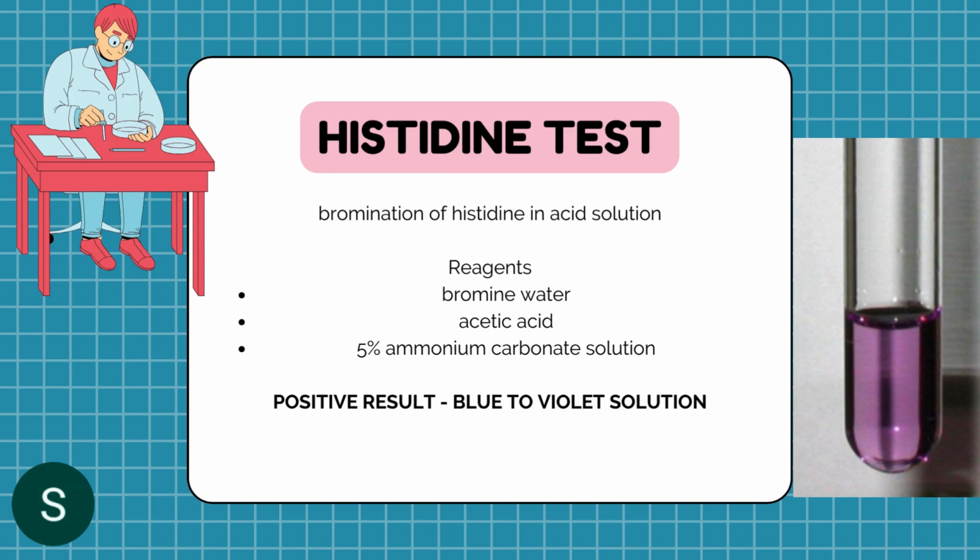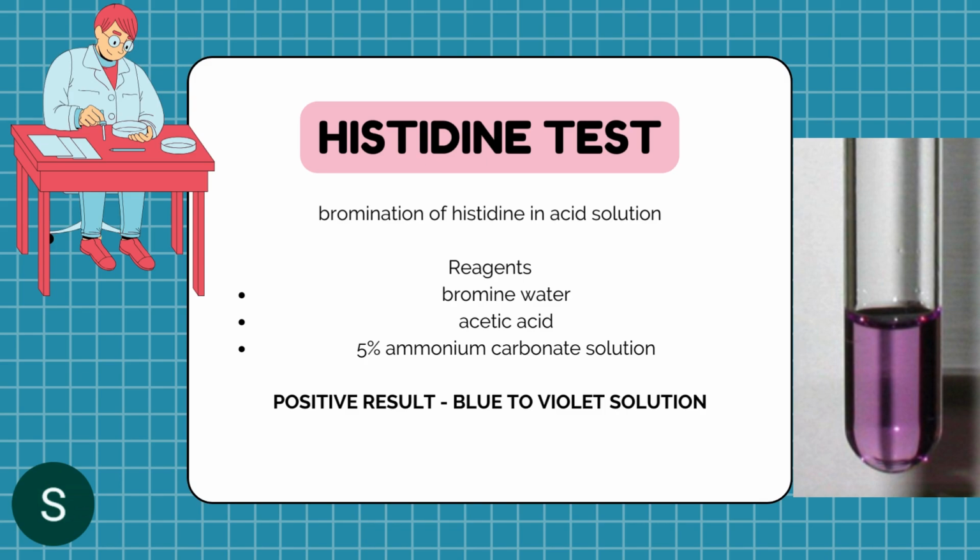And paano mo naman makita na nag-move yung solution or nag-react to? So, again, kailangan ma-visualize mo siya through making your solution neutral again. Okay? So, para ma-visualize mo, need mabalik sa neutral pH. Kaya, gumagamit rin tayo again ng 5% ammonium carbonate solution. Okay, again, your acetic acid decreases your pH, ginagawa niya acidic.